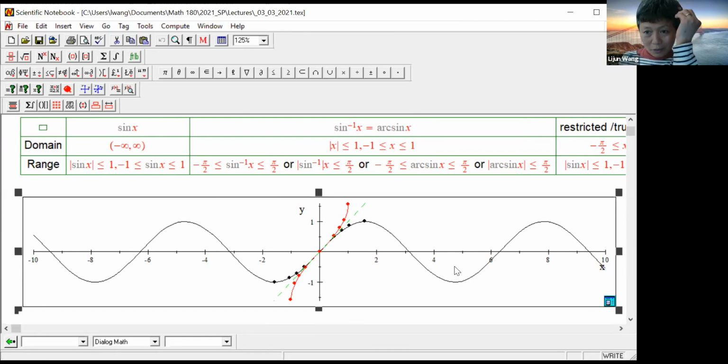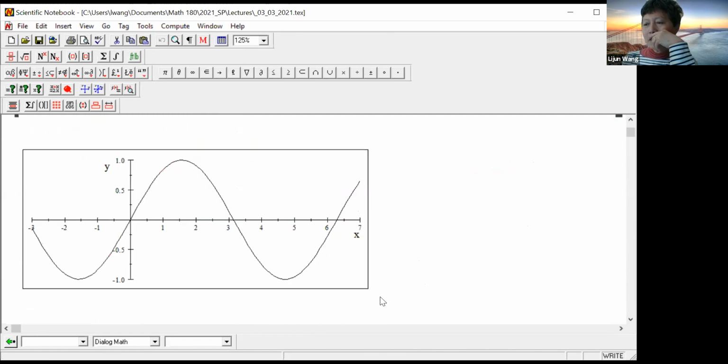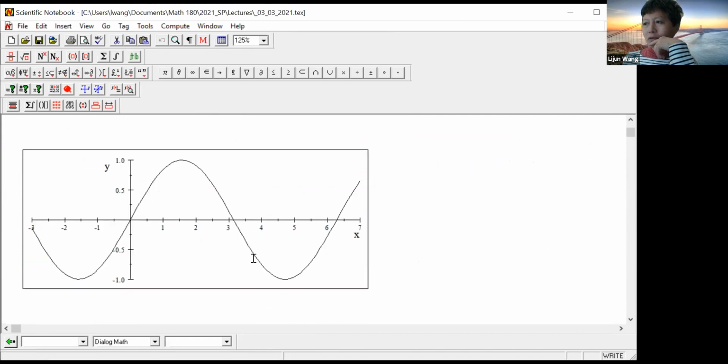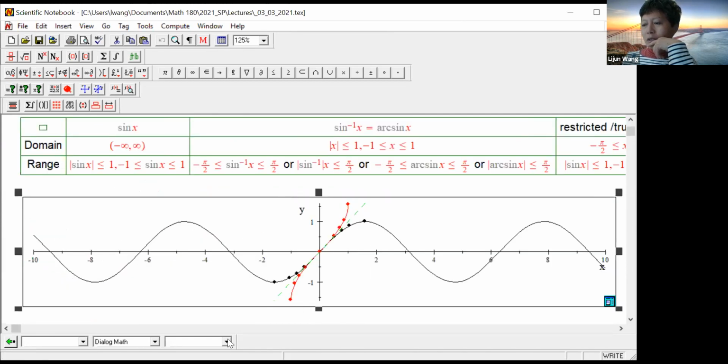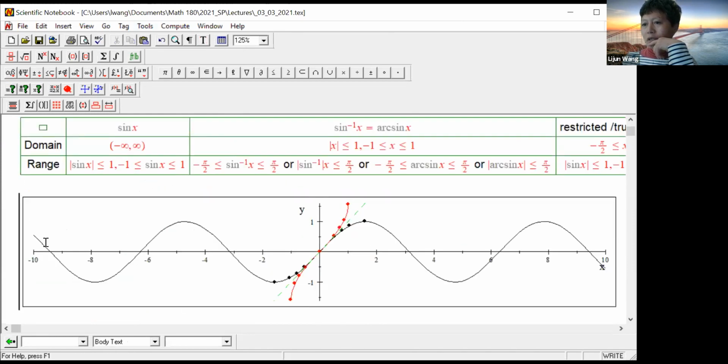Remember the question we had yesterday. If you refer to the unit circle, so now I'm going to bring my unit circle right here.